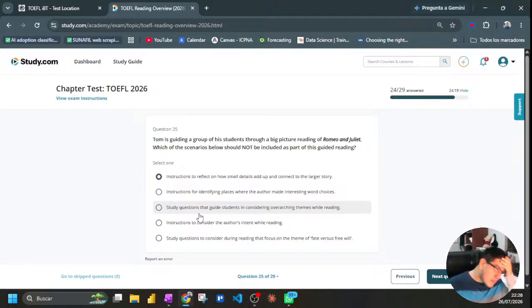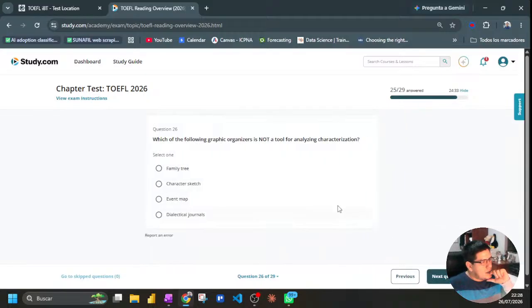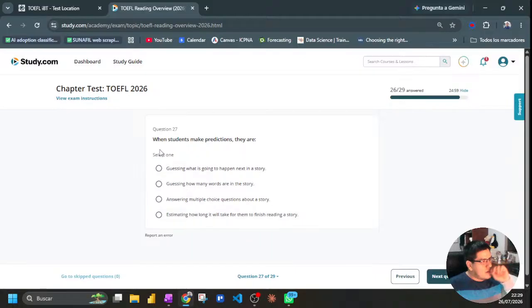To reflect on how small details add up. Yeah, I think it's not part. Family tree. Characterization. I don't remember it. I think it's that.